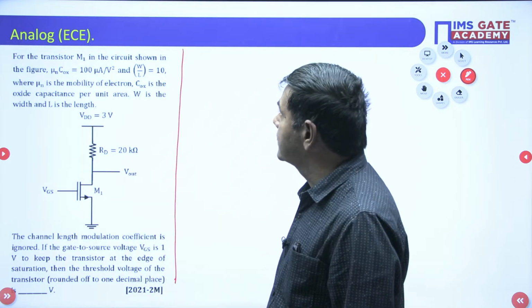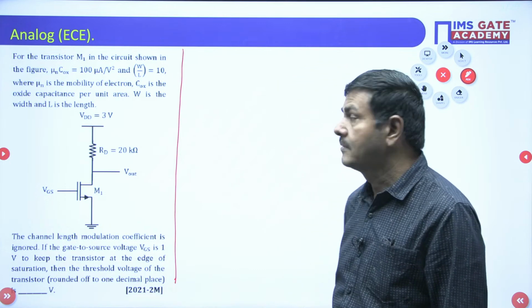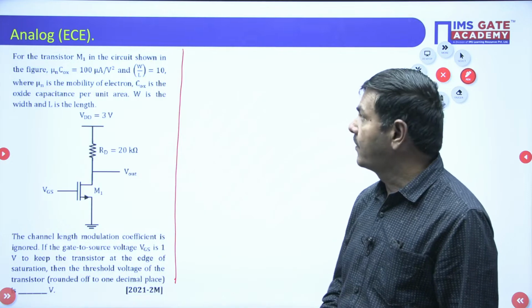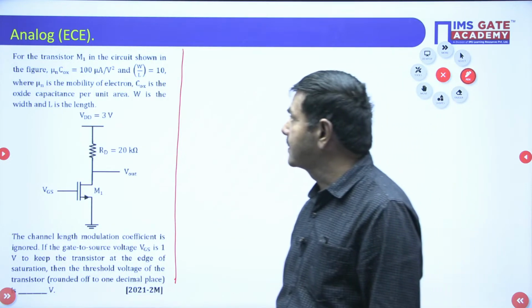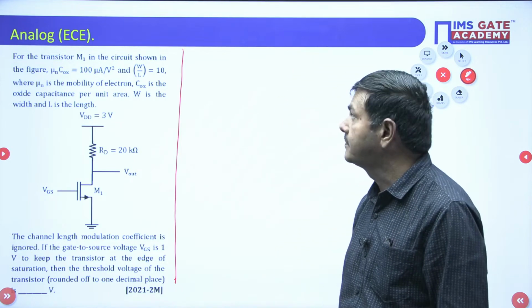For the transistor M1 in the circuit shown in the figure, transistor means MOSFET only. MOSFET comes under the family of transistors. Mu n COX is 100 microamperes per square volts, given.